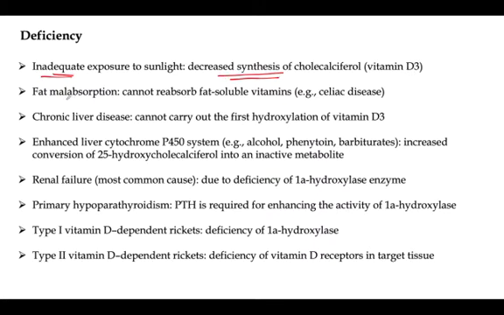The second most important reason is fat malabsorption. Again, the logic behind that is the same as what I mentioned for vitamin A. So there is impairment of reabsorption of fat soluble vitamins, and one of the diseases that is responsible for this is the celiac disease.